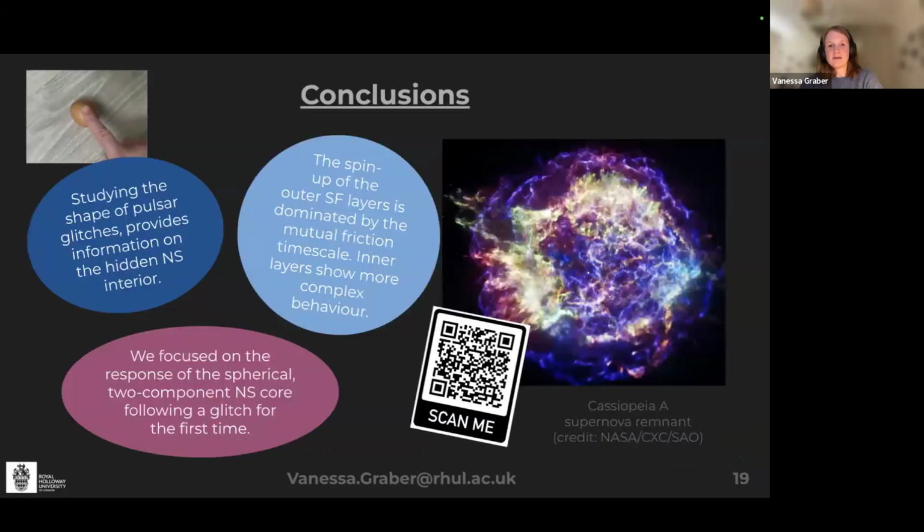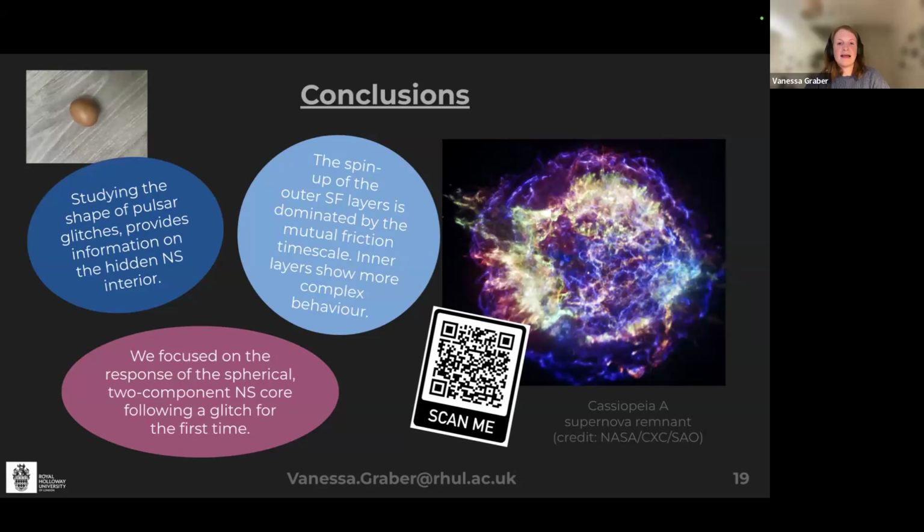All right, and with that, I wanted to quickly conclude. I hope I convinced you that studying the shape of pulsar glitches provides a window into the neutron star interior, very much like for the egg that we can otherwise not access directly. For the specific study that I showed you, we focused on the response of the spherical Couette component of the neutron star core following a glitch for the first time.